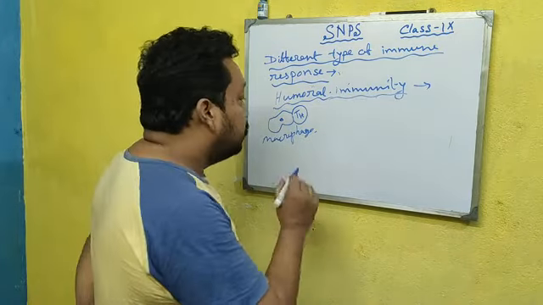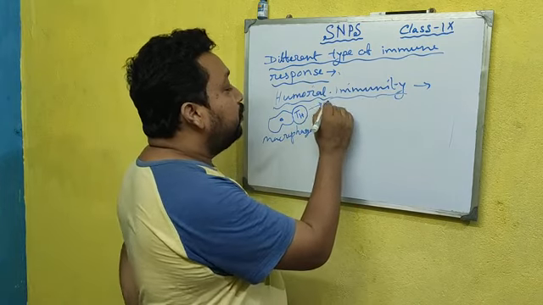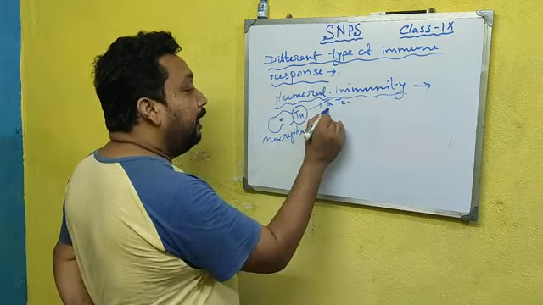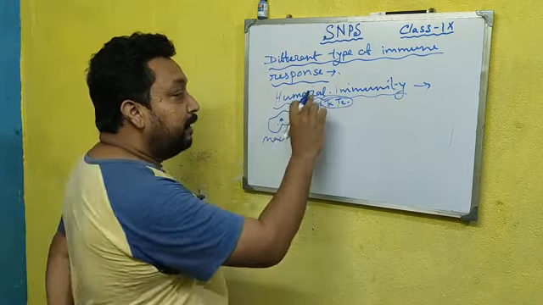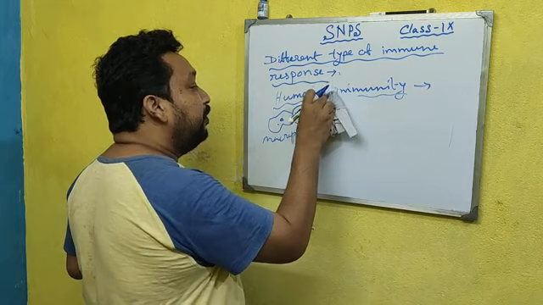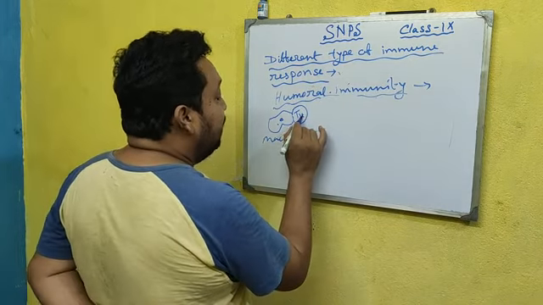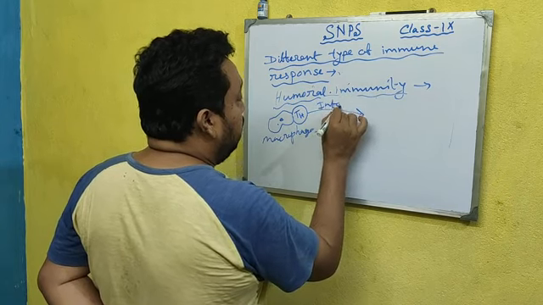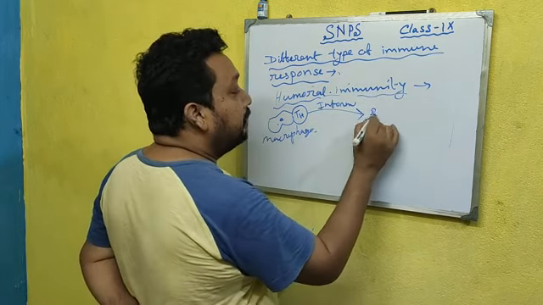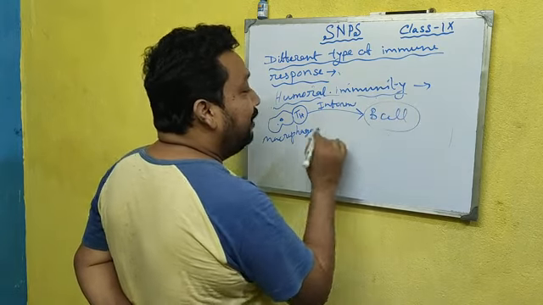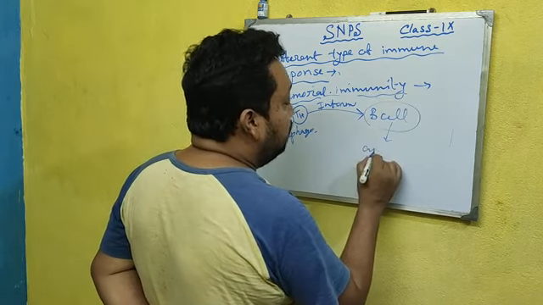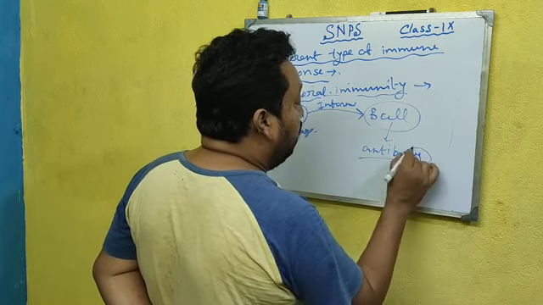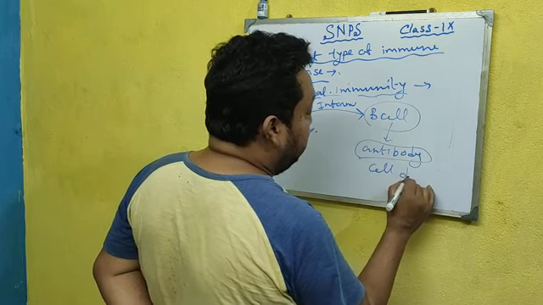How does it occur? The T helper cell first of all produces the TK cell, TC cell, as in cellular immunity, and it tries to destroy the antigen, but it fails. Then humoral immunity occurs. Then this helper cell informs the B cell, and then the B cell produces the antibody by the process of cell differentiation.